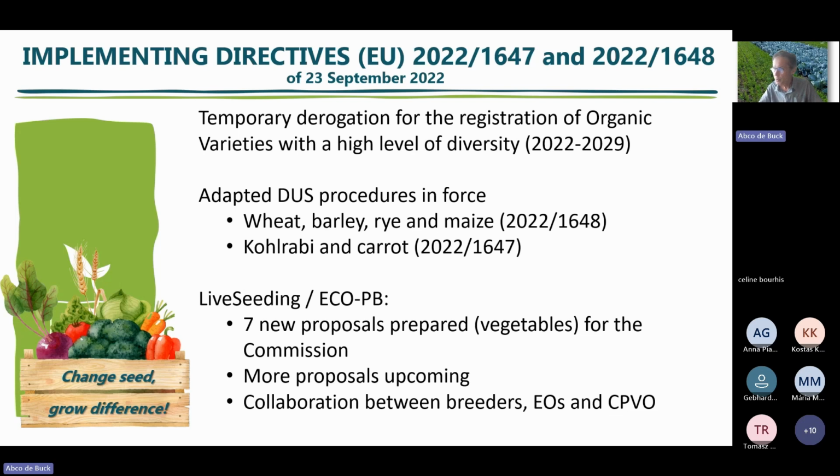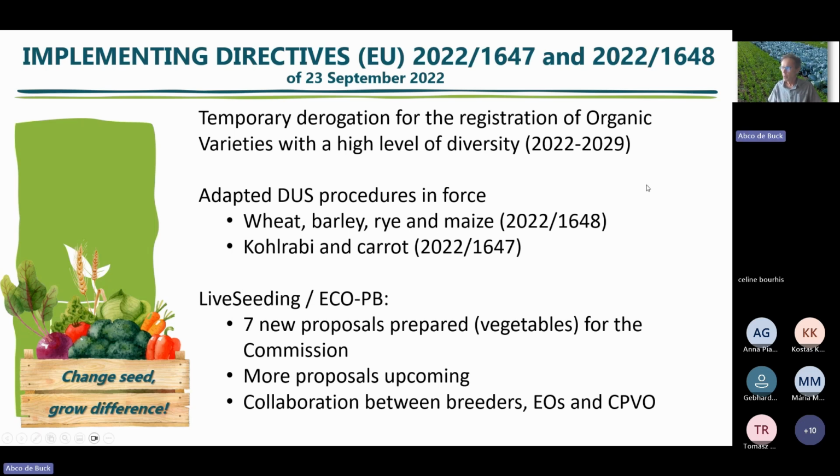So, within the scope of LIVESEED, in collaboration with EcoPB and other breeders, 7 new proposals are now in a very far stage of preparation for the Commission. We had a lot of discussions with the breeders and with GFS, and now they are presented. They are ready for further presentation and moving forward to the Commission ultimately.